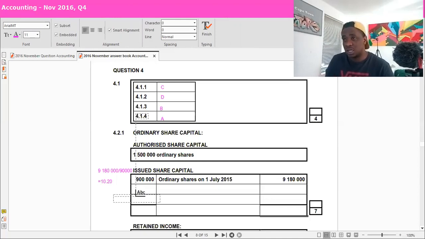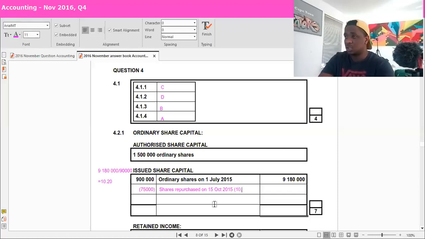And then the first thing that we do would be to say 75,000 shares repurchased on, I think it was 15 October 2015.